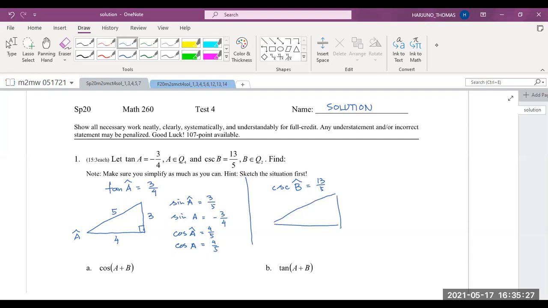Signs change as the hat changes. Basically, when we write a hat, it means we are talking about the reference angle. The reference angle must be in quadrant 1, therefore we can put that in a right triangle.